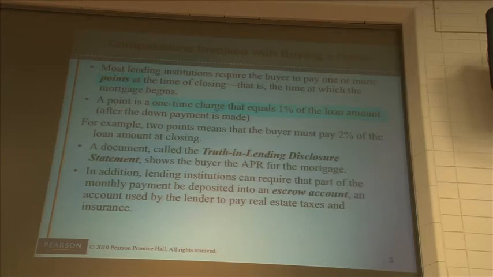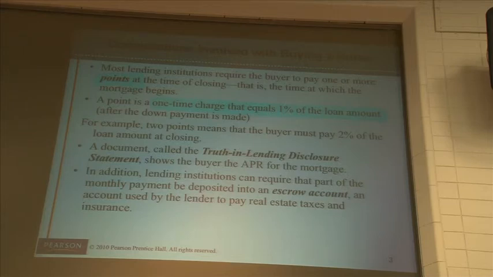Say you have a $100,000 house and you pay 1 point, you're paying 1% of that at closing. Sometimes you'll be asked to pay 2 points, 3 points, just depends on how money hungry your broker is. So 2 points means that you have to pay 2% of the total loan amount at closing.